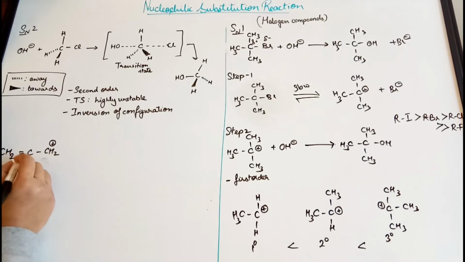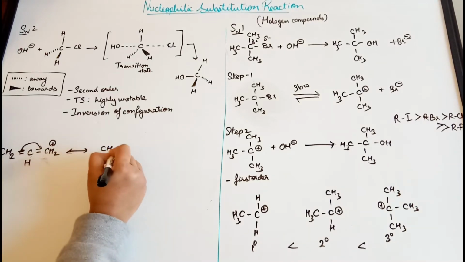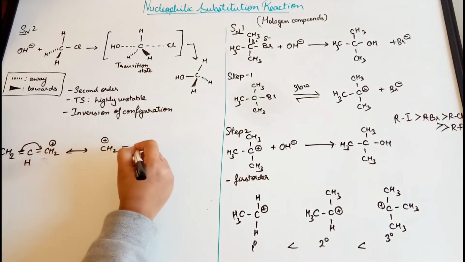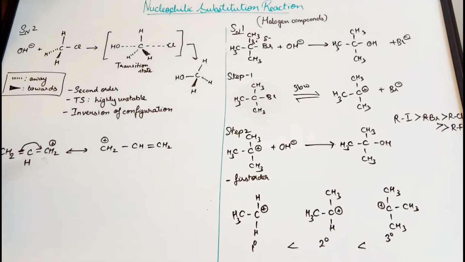Now what will happen is this double bond is going to get shifted here, and this is going to give us a resonance structure, and that is going to stabilize the carbocation which is getting formed. Another example could be our benzylic carbocation.